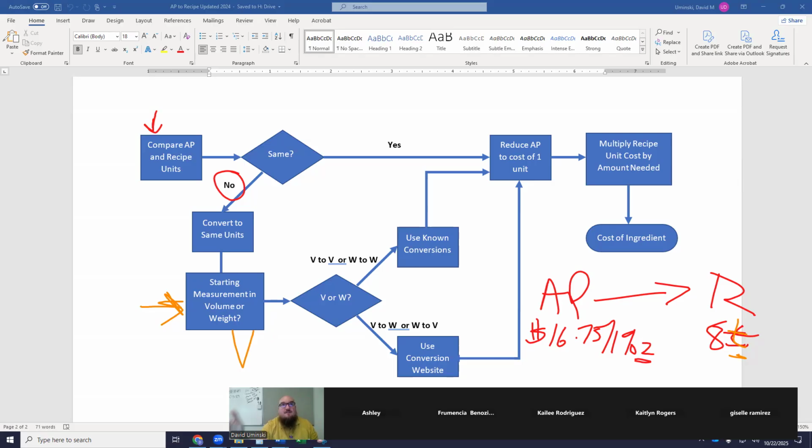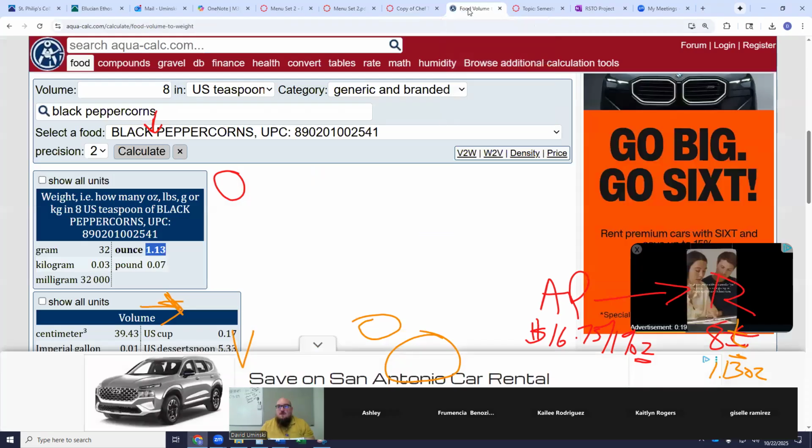So I need to get my volume of 8 teaspoons into the weight of how much those teaspoons cost. Okay, so that's volume to weight. So I'm going to use the conversion website. And once I do that conversion, then I know that it's 1.13 ounces. Is that correct? Yep, 1.13 ounces. Okay.